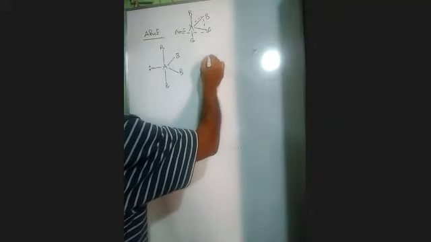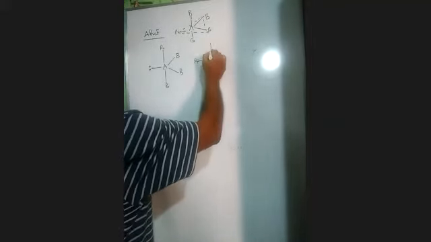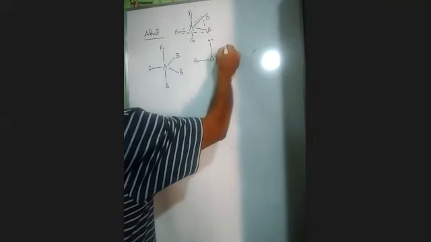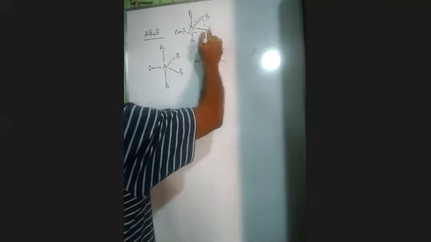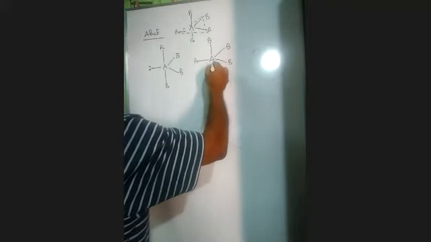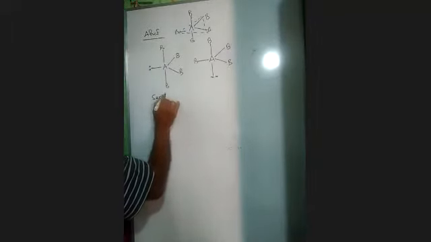This you try to understand. I'll write like this. B. I could have taken this. See, when I remove this one, I call it seesaw.